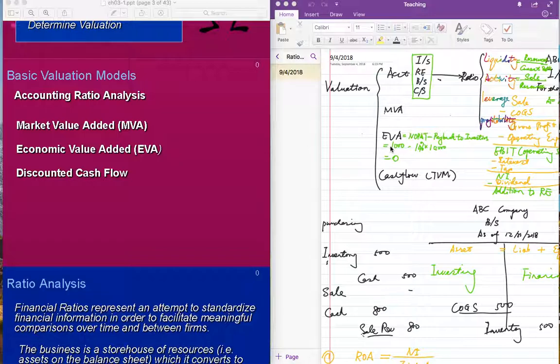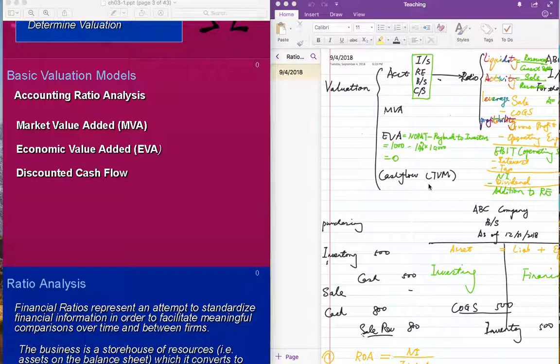So what is the residual value left for the firm to do reproduction after all that is required by the investors has been paid back to the investors? That's called residual value added or economic value added.